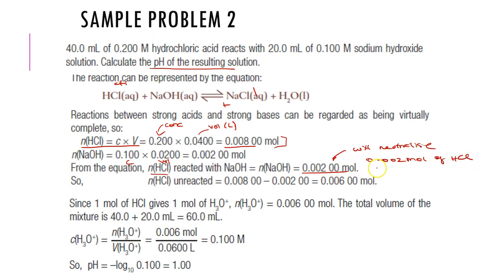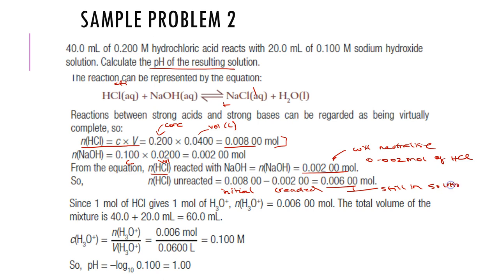Okay, so if it does, then that means I will have my initial amount of HCl minus what reacted, and this is what is left over. So this is the number of mole of HCl that is still in solution.